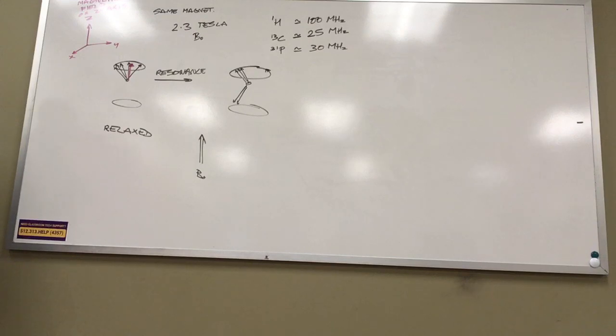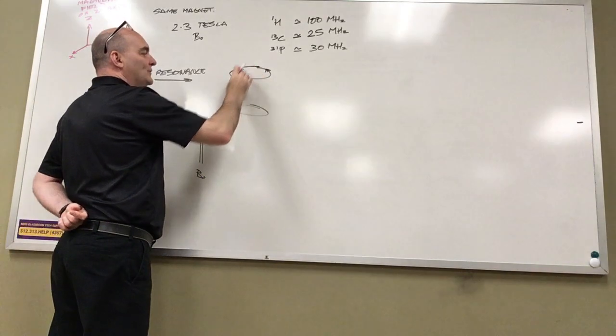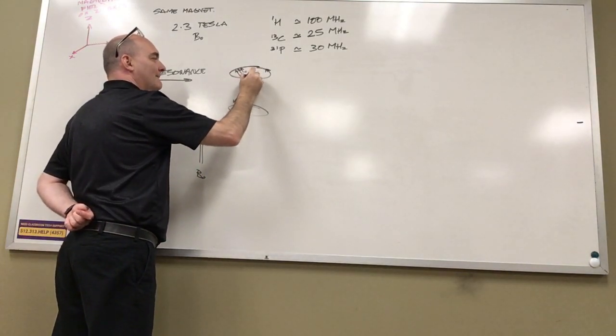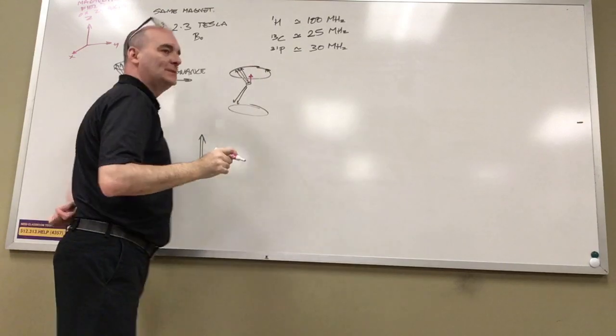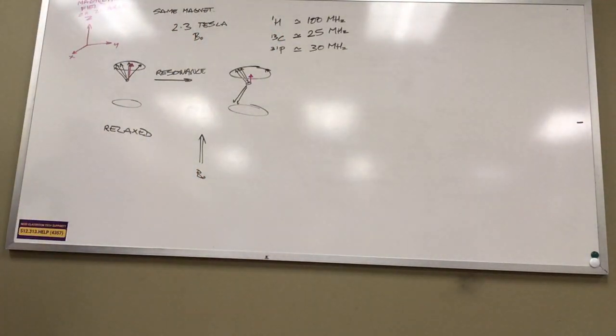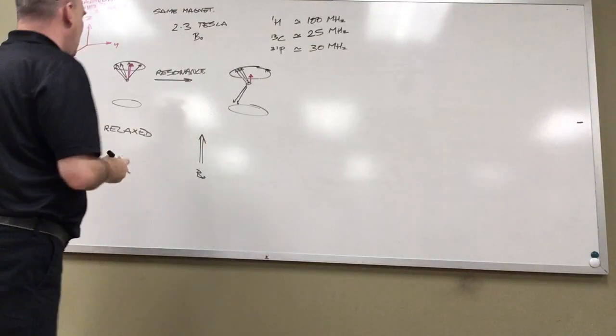And because they're all pointing vector-wise upwards, it's there. When some of them go into resonance, that value is less. The Z value? Yeah.